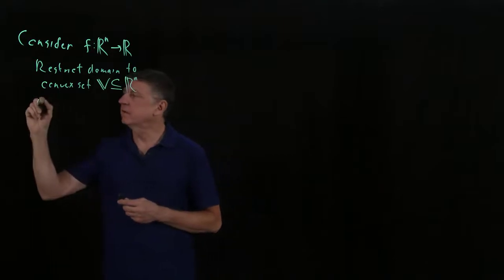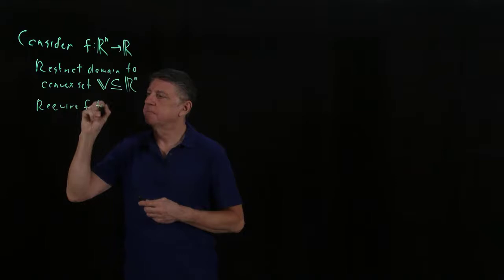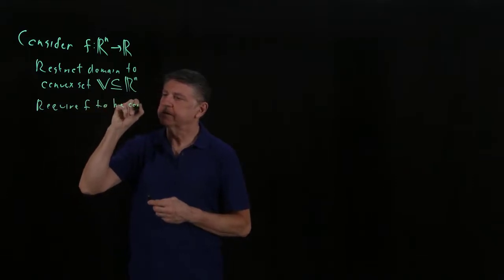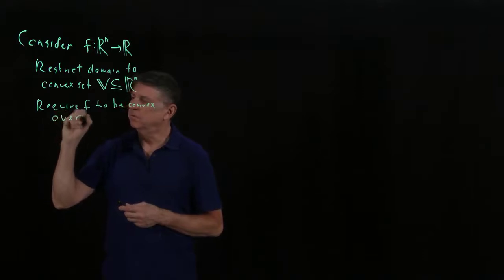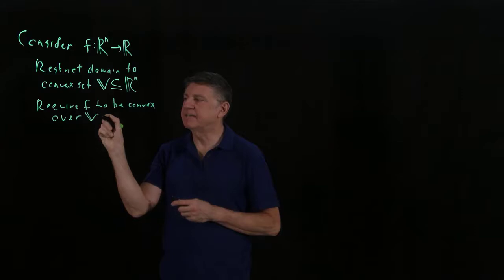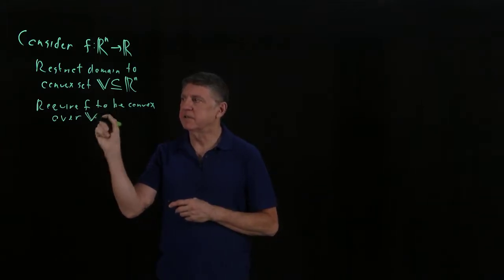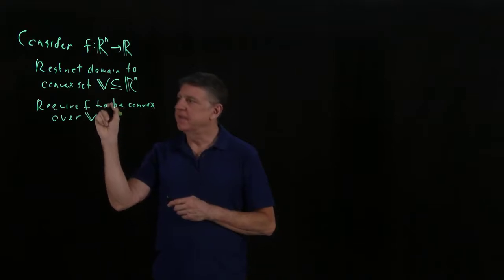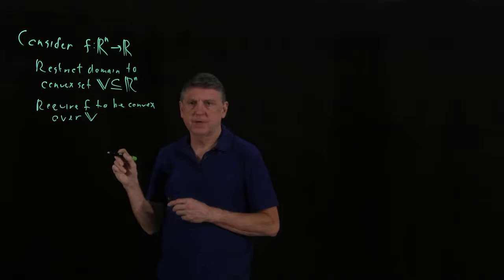And let's require F to be convex over this convex set. And that means that if I take any two arguments that are in the convex set and I evaluate them, that F is a convex function between those 2 points.